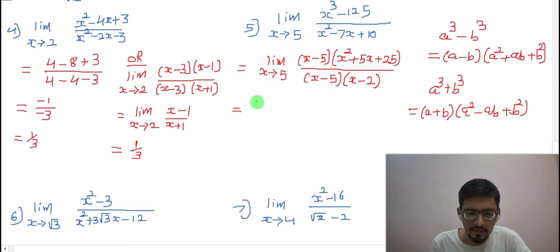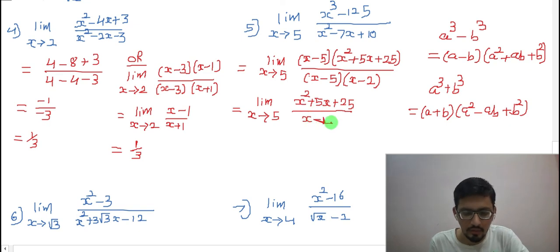See, this limit symbol you have to write till you apply the limit, especially if you are writing a subjective paper. Otherwise fine. So limit x tends to 5, these will get cancelled. What remains in the numerator is x square plus 5x plus 25, over x minus 2. Okay, after doing this you will see direct substitution is now working.